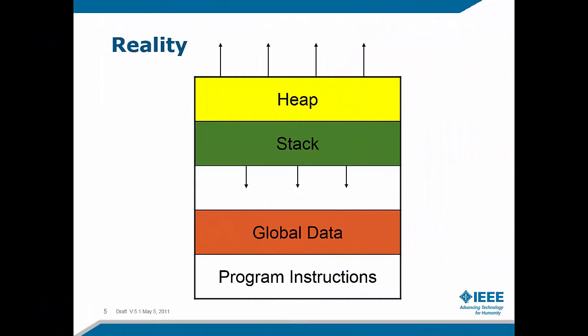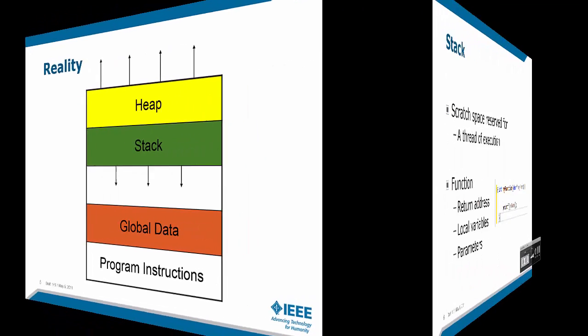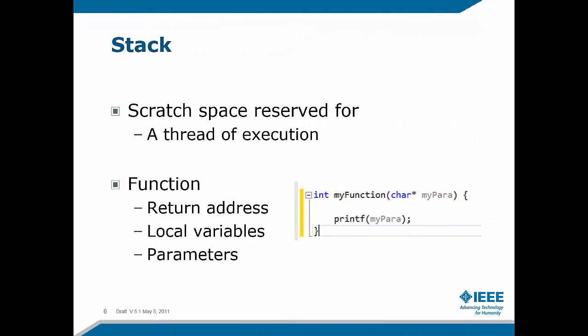In reality, the organization of your main memory looks like this. It consists of heap, stack, and areas storing global data and program instructions. A stack is a scratch space reserved for a thread of execution.